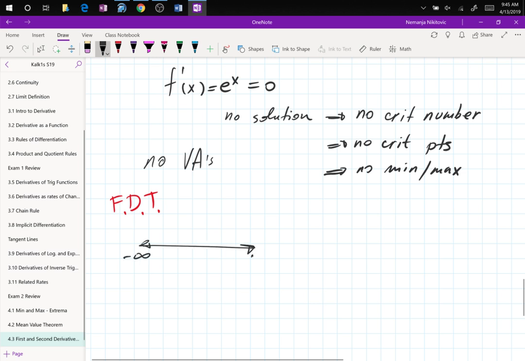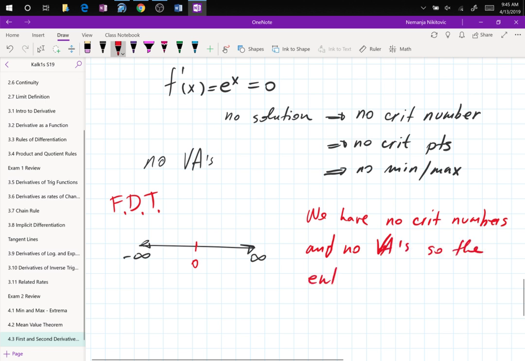In this case, from negative infinity to positive infinity, you pick anything. I'll pick 0 as my C. So I'll write here in blood, we have no critical numbers and no VAs, no vertical asymptotes.